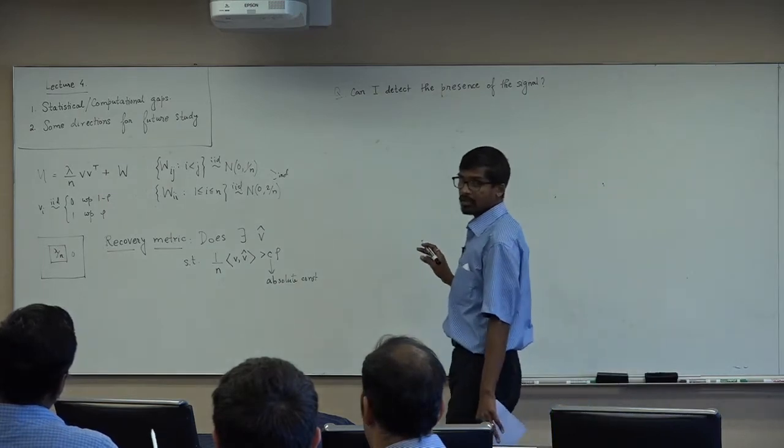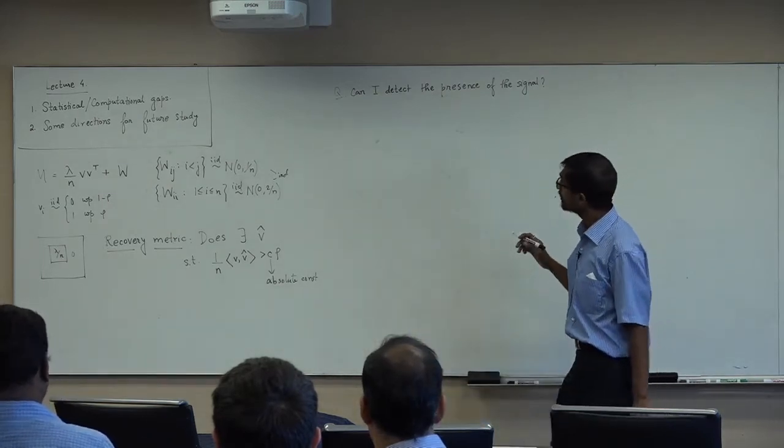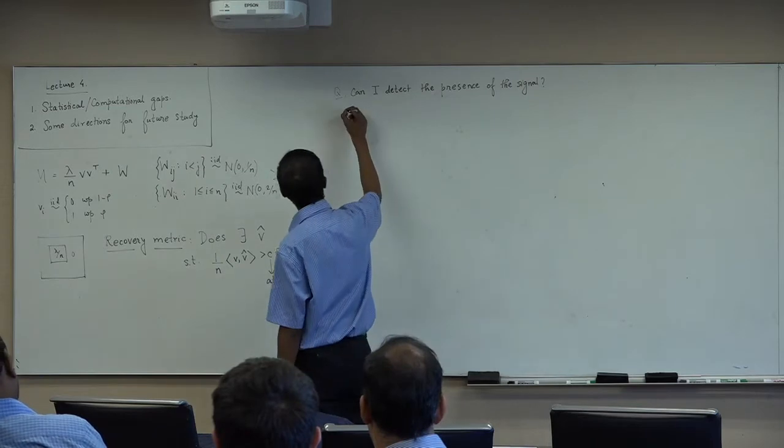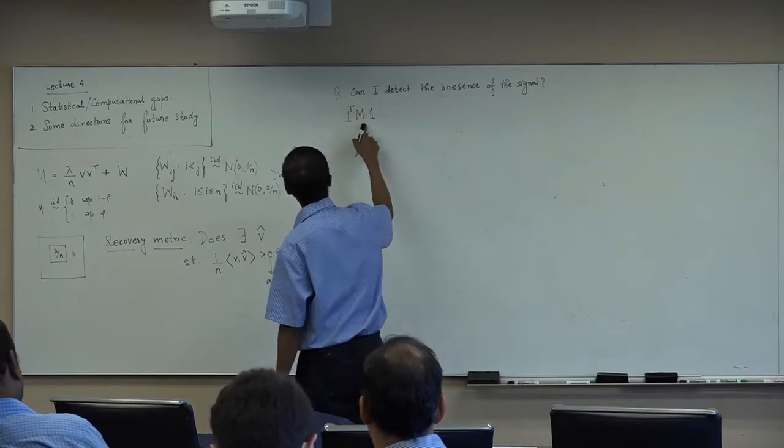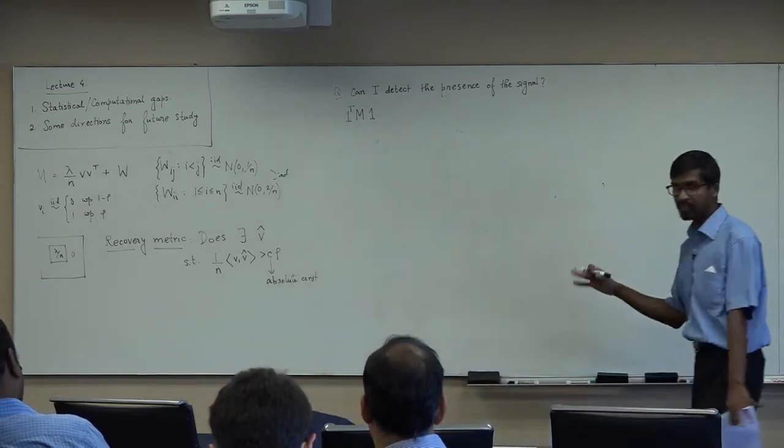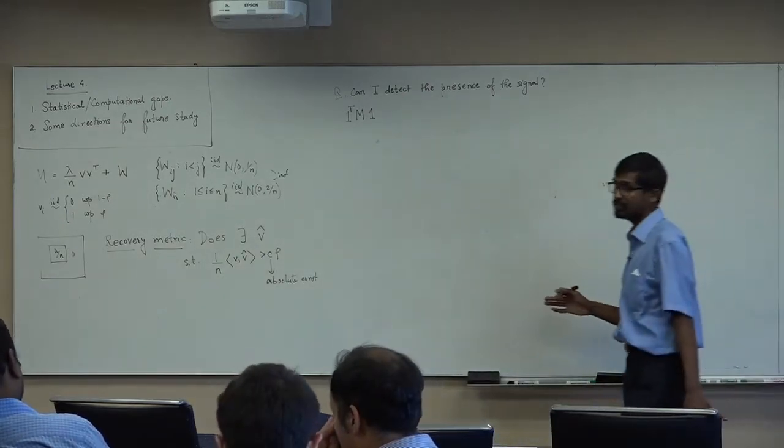It turns out detection is easy in this setting, simply because I can look at the quadratic form 1 transpose M 1, which is basically saying I take the matrix M and sum over all its entries.